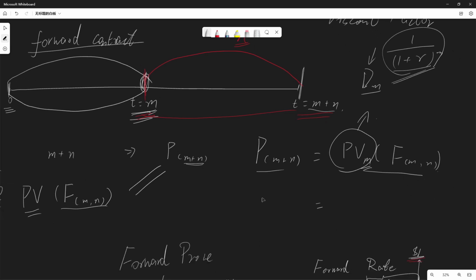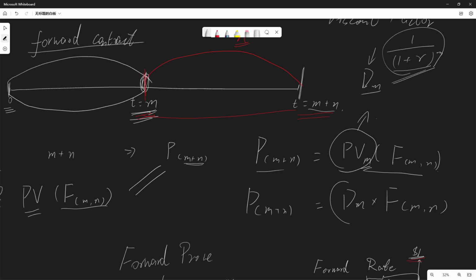So we can arrange this: P m plus n equals the discount factor m, of course, multiplied by F m n. Alright, so far so good.